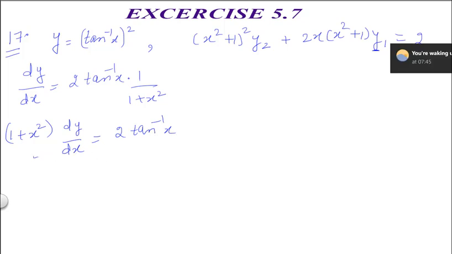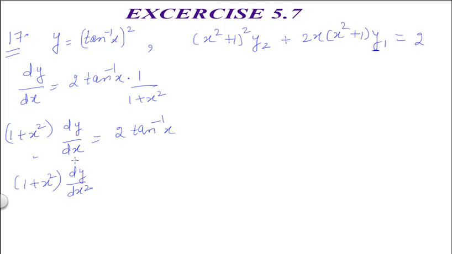Now we again differentiate this equation with respect to x. Here we will be using product rule. To use the product rule, 1 plus x square first function as it is. Differentiation of dy by dx means we will get the second order derivative d square y by dx square, plus dy by dx as it is. Differentiation of 1 plus x square is 2x, equals 2 into differentiation of tan inverse x is 1 upon 1 plus x square.